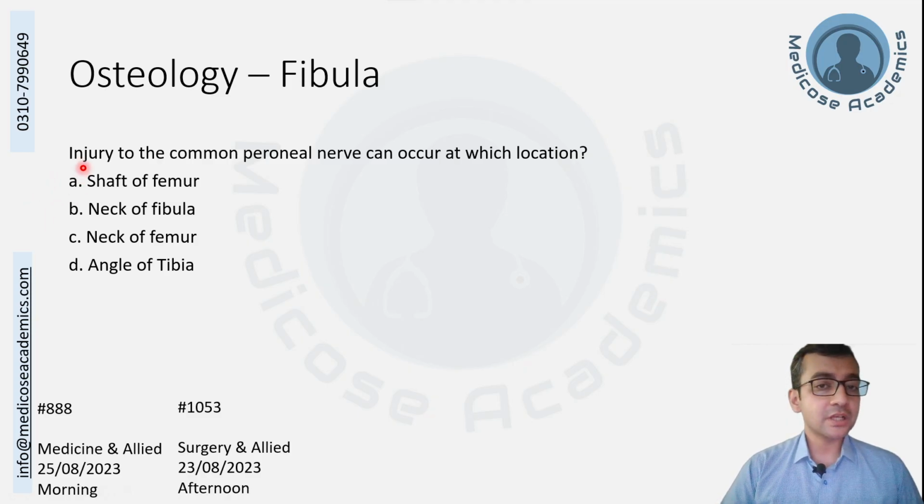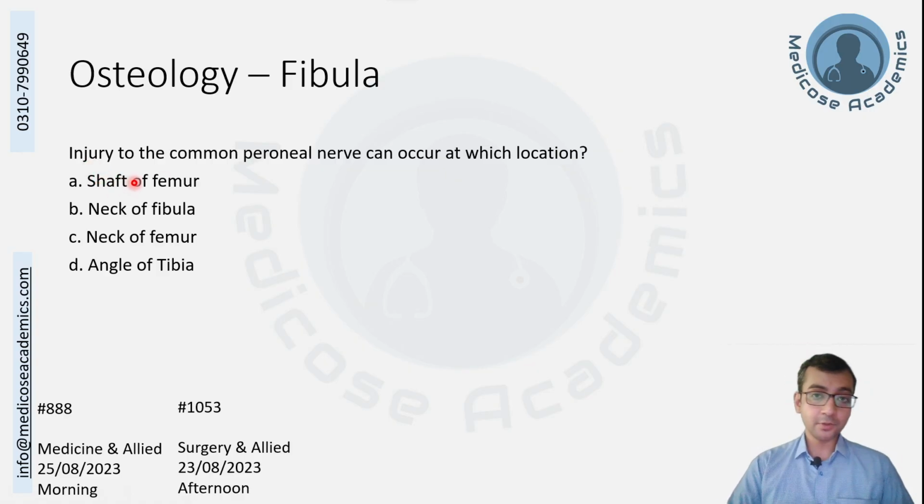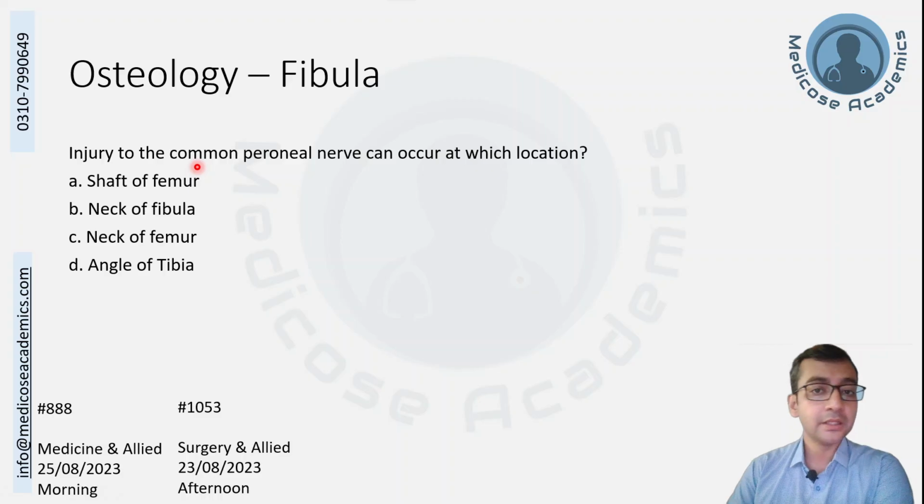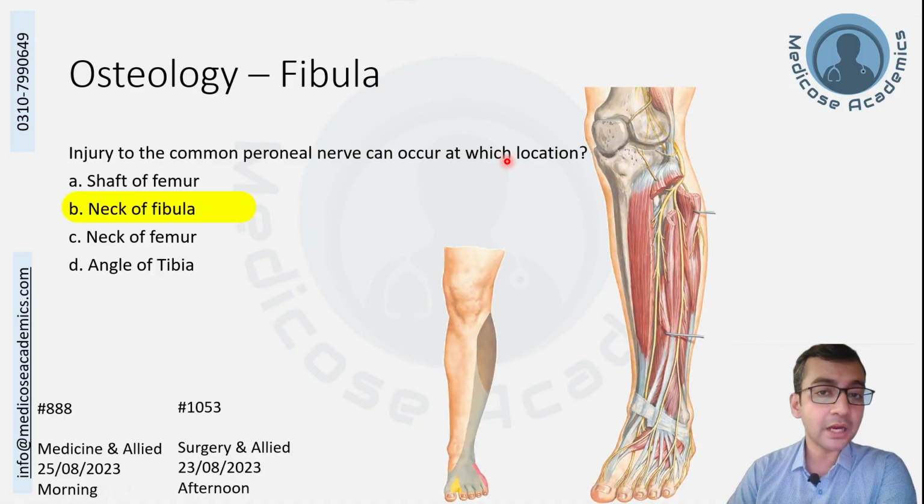Regarding the fibula, a common question asked, or I would say the most common question asked, is regarding the common peroneal nerve. At which location can the injury to the common peroneal nerve occur? It usually occurs near the neck of the fibula. During its pathway, exiting the popliteal fossa, it winds around the head of the fibula, the neck of the fibula to be more specific.